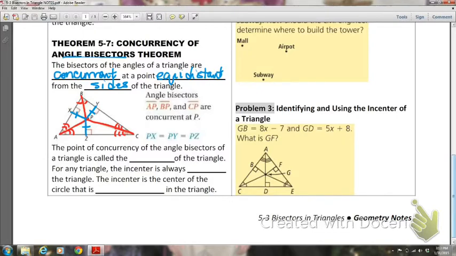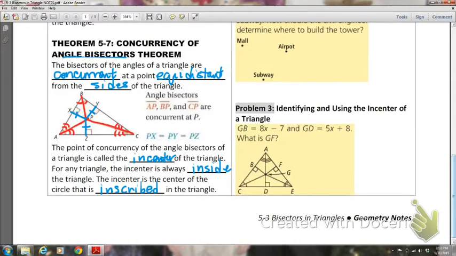The point of concurrency of the angle bisectors is called the incenter of the triangle. For any triangle, the incenter is always going to be inside the triangle because the incenter is the center of the circle that is inscribed in the triangle.